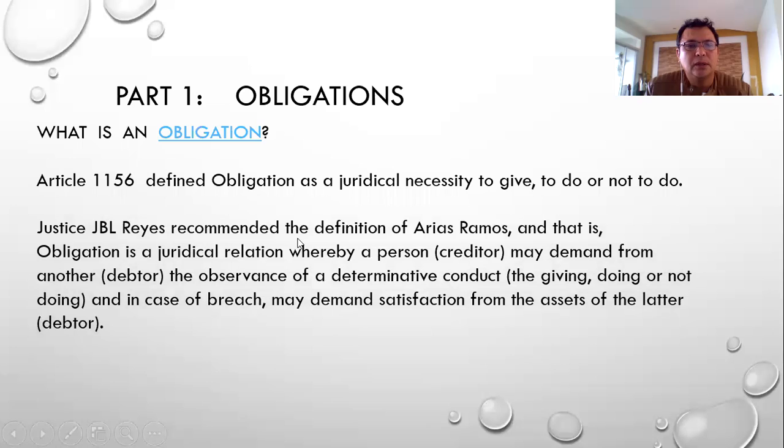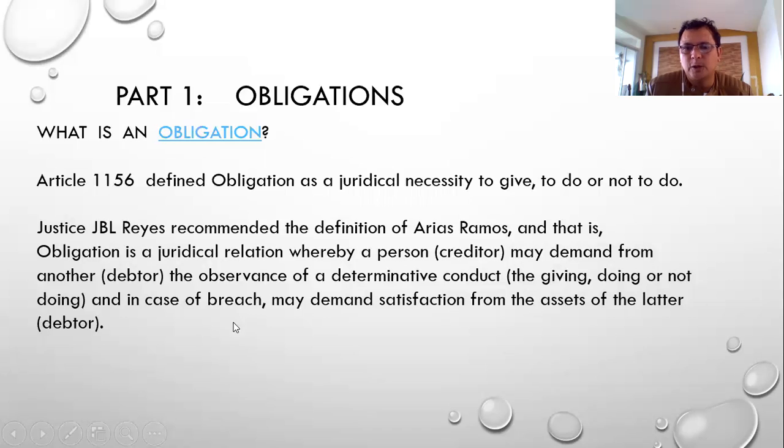In a different definition given by Arias Ramos, which was recommended by Supreme Court Justice Reyes, obligation is defined as a juridical relation whereby a person may demand from another who is the debtor the observance of a determinate conduct. And this conduct is the giving, doing, or the not doing.